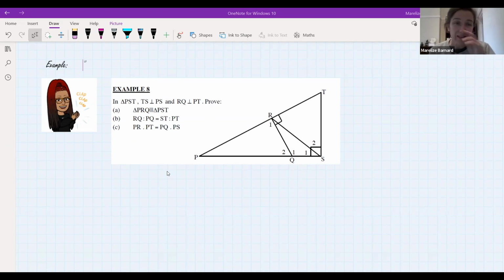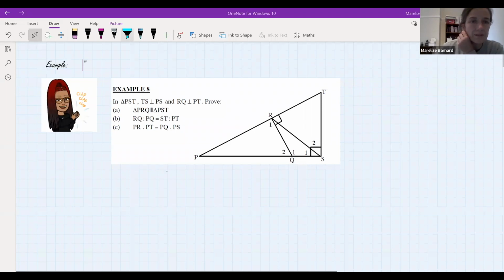It says here in triangle PST, TS is perpendicular to PS. Great. That gives us that 90-degree angle there, and it makes it a right-angled triangle. And RQ is perpendicular to PT, also good because it gives us that 90-degree angle there.